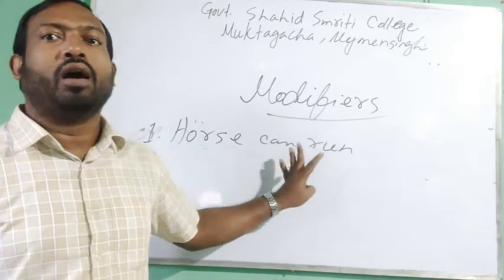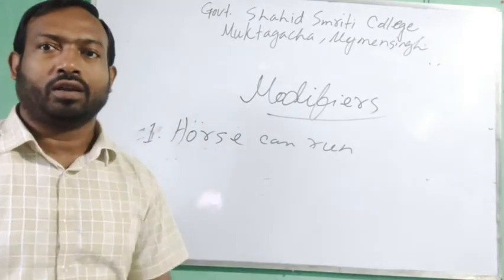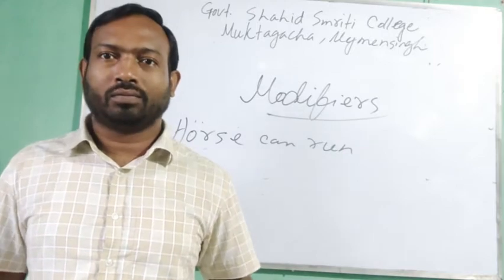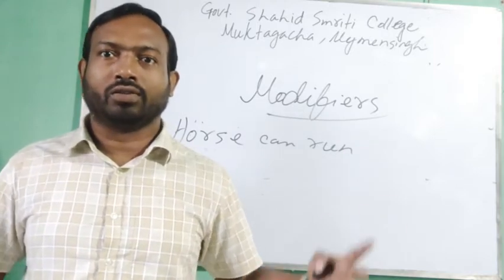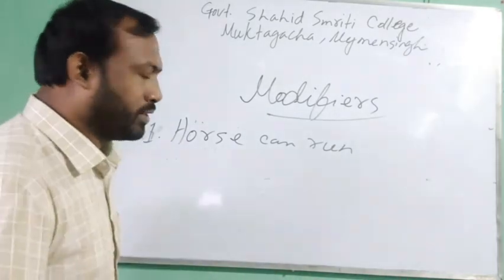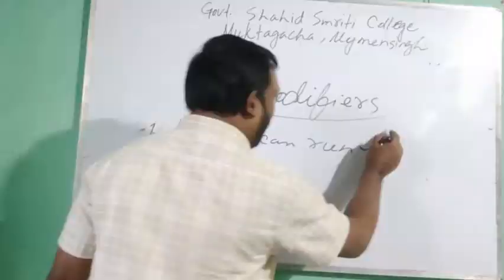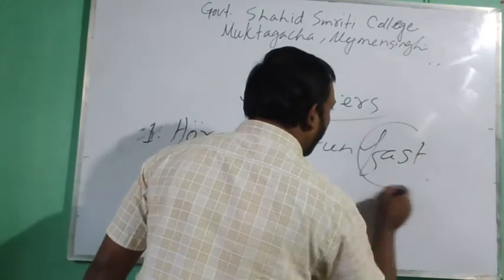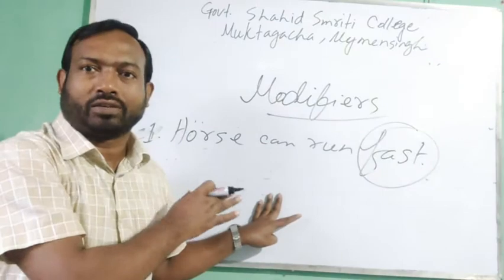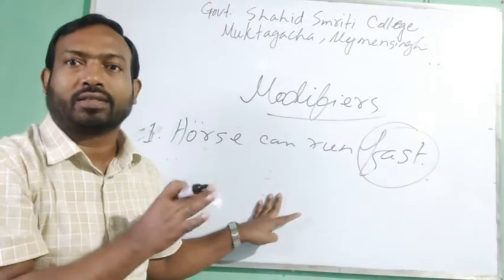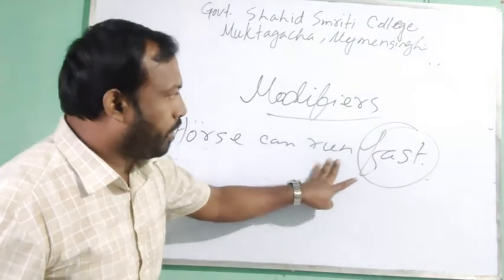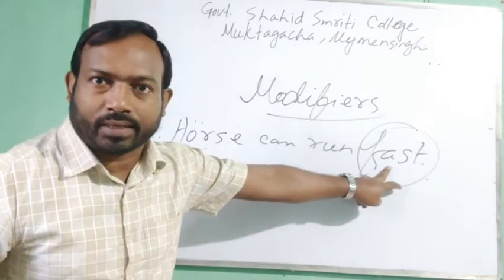But the question is, how does it run? Fast or slowly or anything else? Obviously, horse can run fast. So without the word fast, the sentence is correct, but it lacks information, and the lacking is filled in by the word fast.